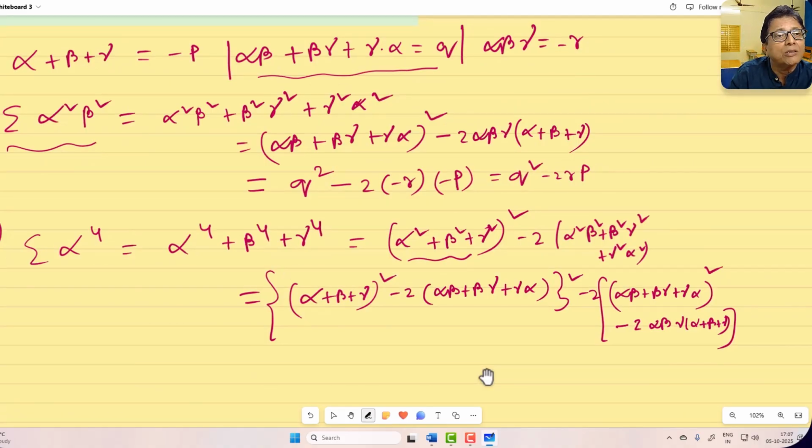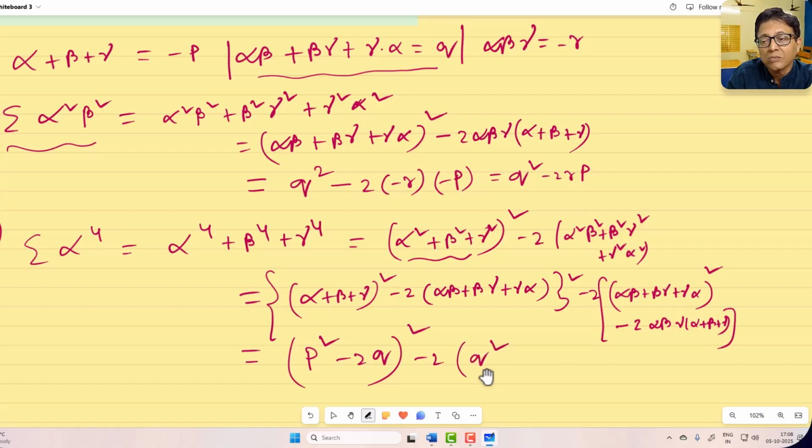the calculation. Put this here, p square minus 2q whole square minus 2 into q square minus 2r into minus p. Okay?